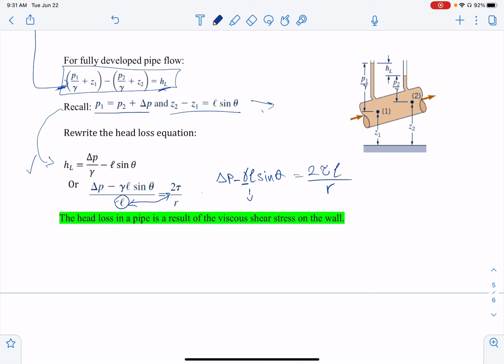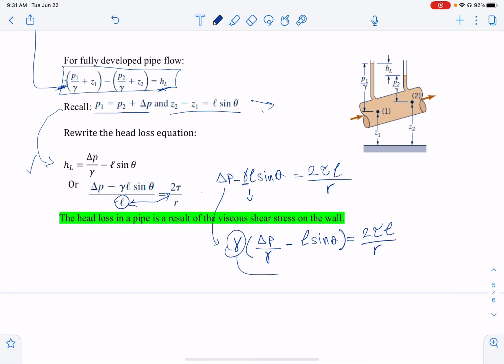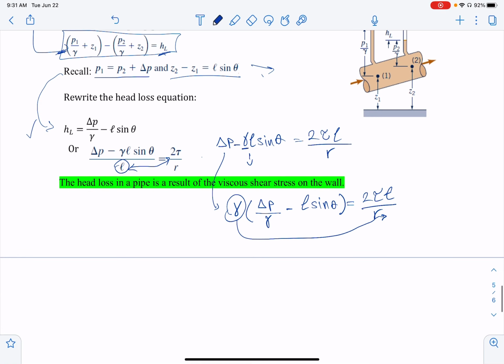So I have gamma here, and then minus L sine theta, which is equal to 2 times shear stress tau times L over R. If we bring this gamma over, we get delta P over gamma minus L sine theta is equal to 2 tau L over R.